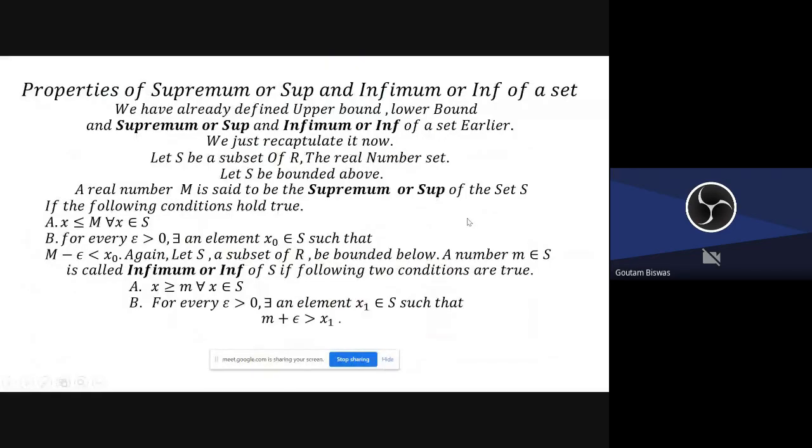So this is written, that is properties of supremum or SUP, and infimum or INF of a set.